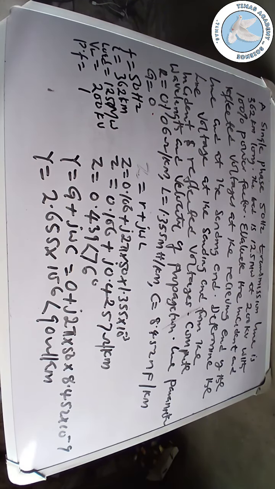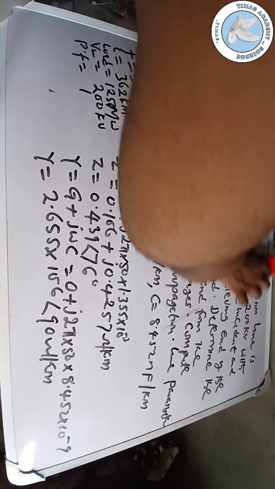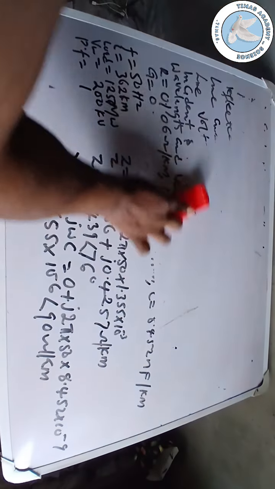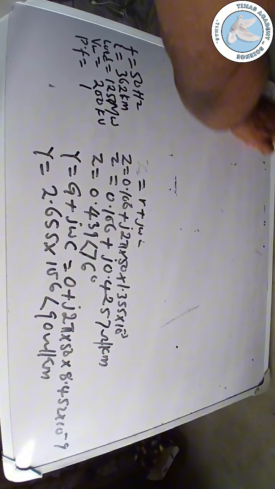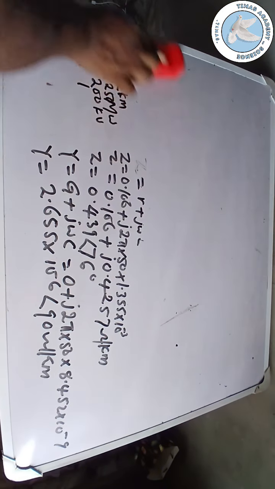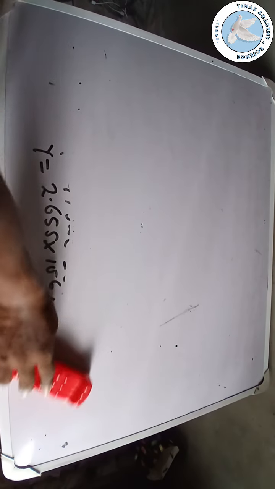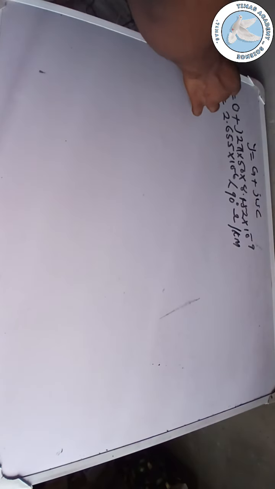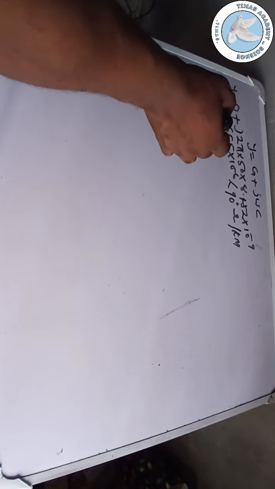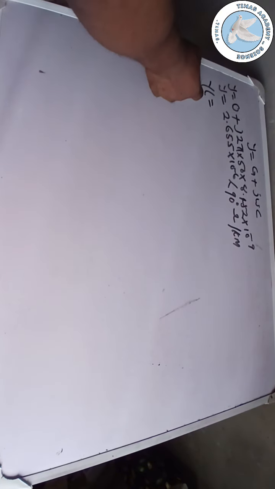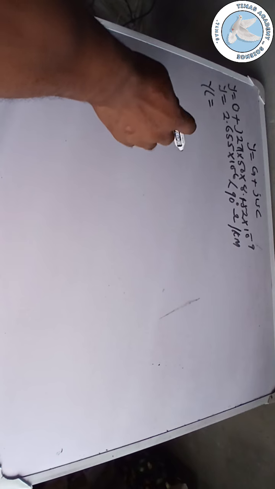So the next important parameter which we need to look at is the propagation constant. We multiply this with the actual length of the line.